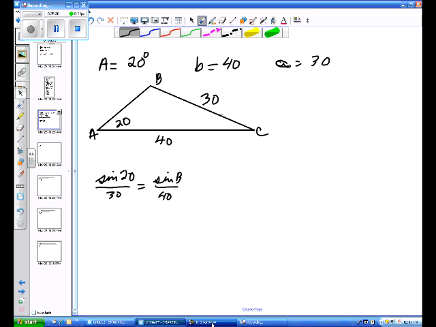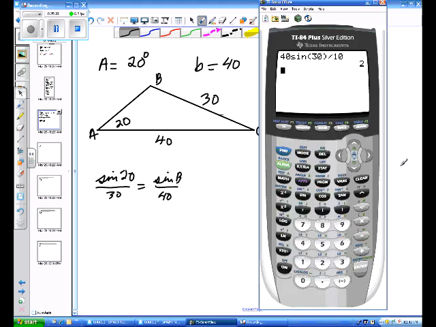Okay, we're going to solve for B. Now, since we're solving for an angle, if we can remember, we can go ahead and put second sine, and then we get the product that we can, 40 sine 20 divided by the other, which is 30. So we get 27 degrees.